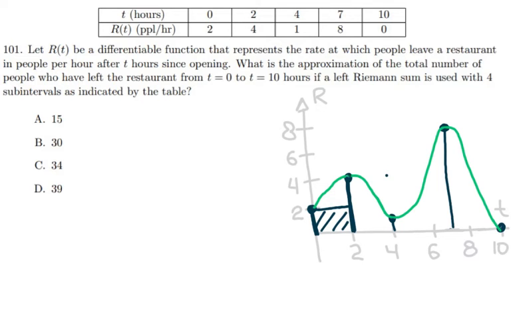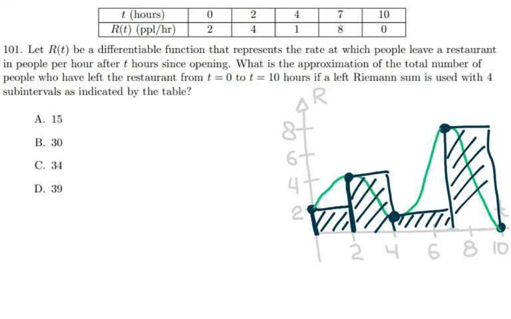For the next interval, this is the left point of that one, so I will have this part. For the next one, the left approximation point is right here, so this would be the next part of the area. And for the last part, I will take this one, and that will be my last area.